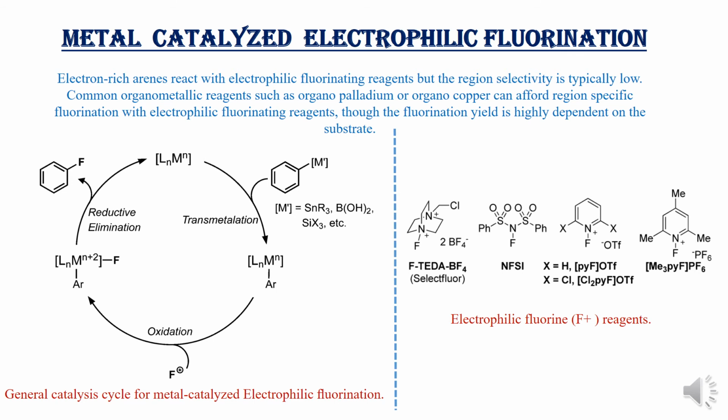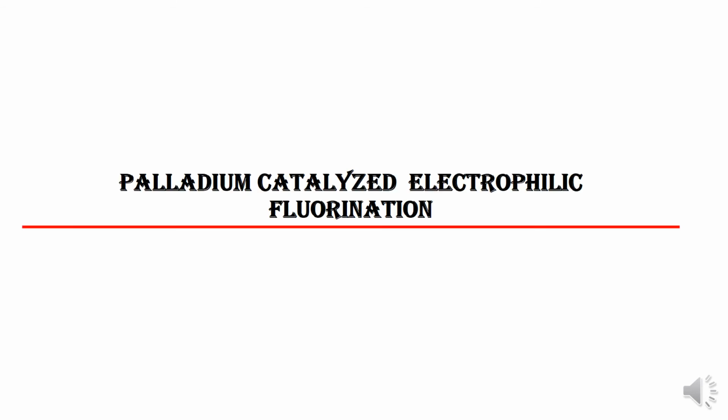So this is a somewhat different catalytic cycle for the electrophilic fluorination, as we have studied for the nucleophilic fluorination reaction. So first we will go towards the platinum catalyzed electrophilic fluorination.